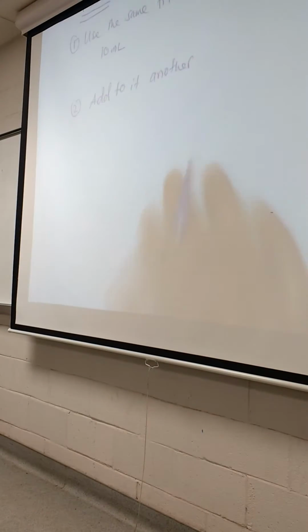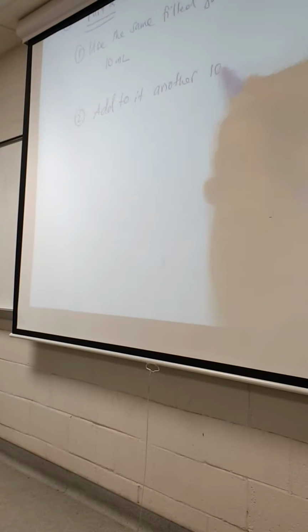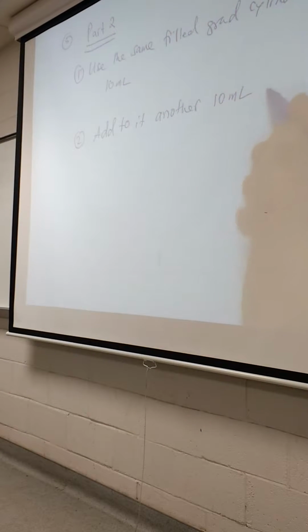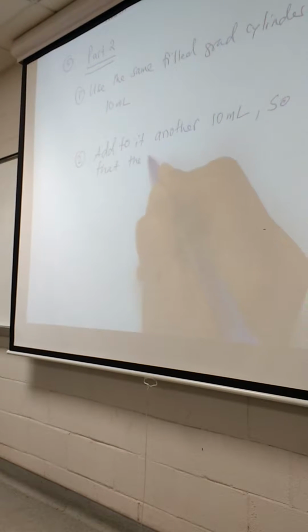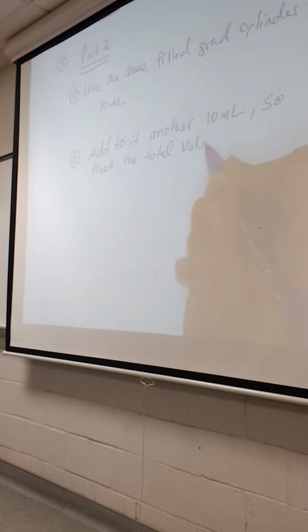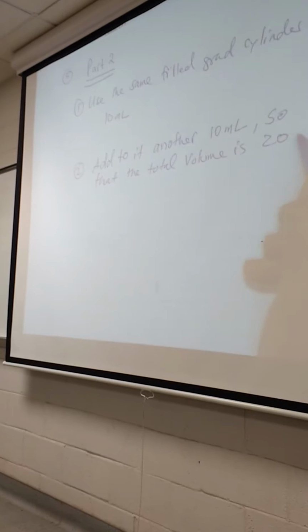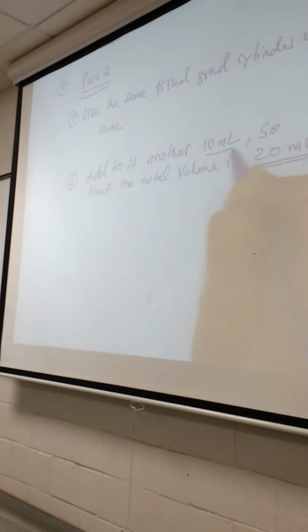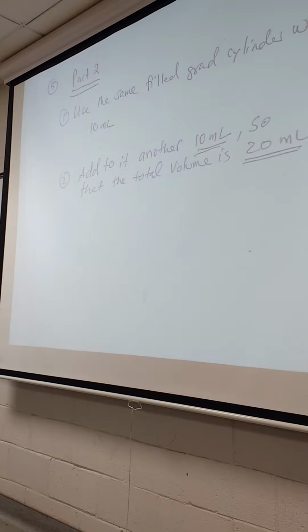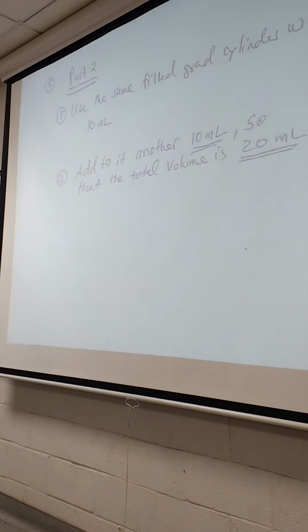Add to it another 10 moles, so that the total volume is 20 moles, correct? So now we have 10 moles and 20 moles. You added another 10, the total is 20 moles.